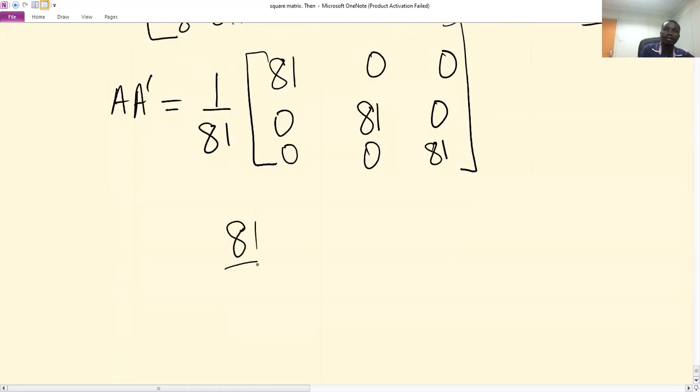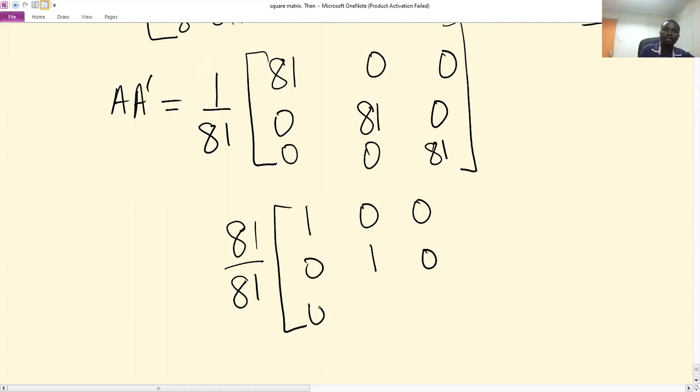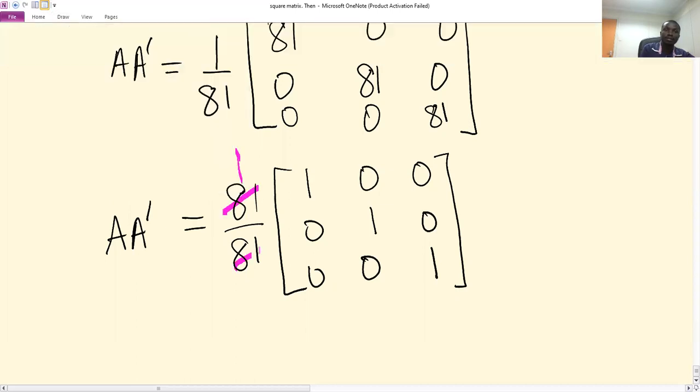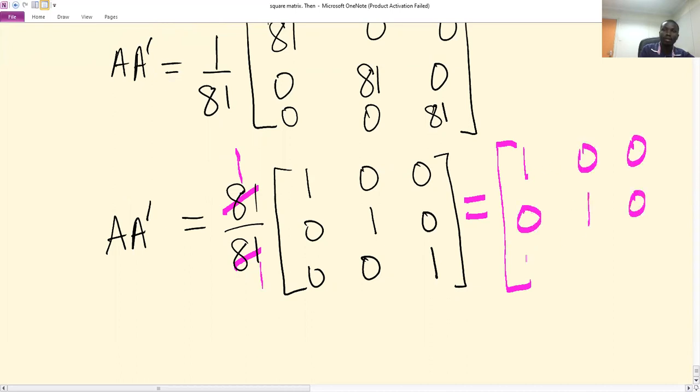So 81 over 81 times the matrix 1, 0, 0; 0, 1, 0; 0, 0, 1. 81 over 81 is 1, so this is just the matrix 1, 0, 0; 0, 1, 0; 0, 0, 1, and you see this is an identity matrix.